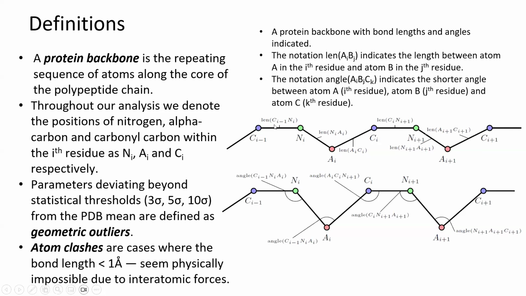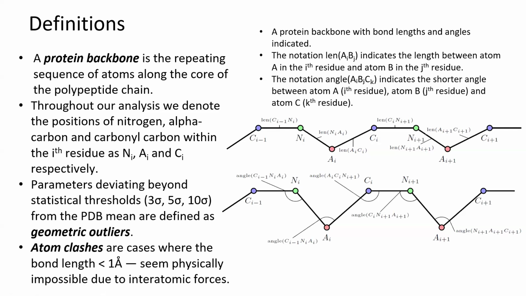This one's length C_{i-1} to N_i, and so on. And then there are also these bond angles, where the notation is the three atoms that the angle is between, in sequential order.